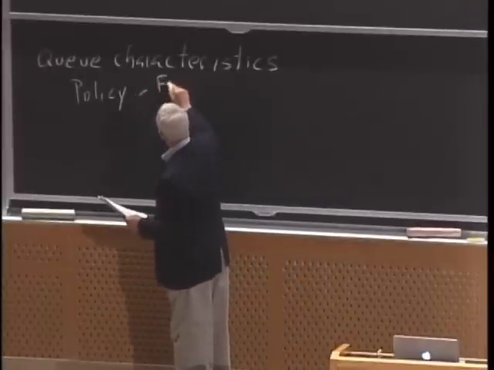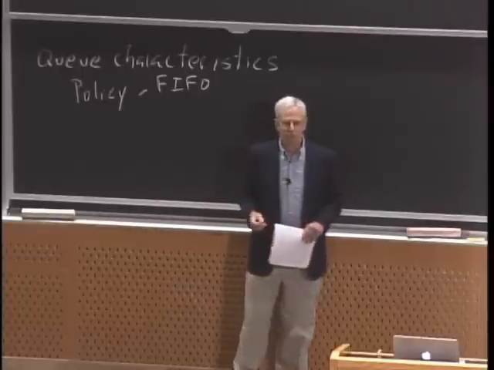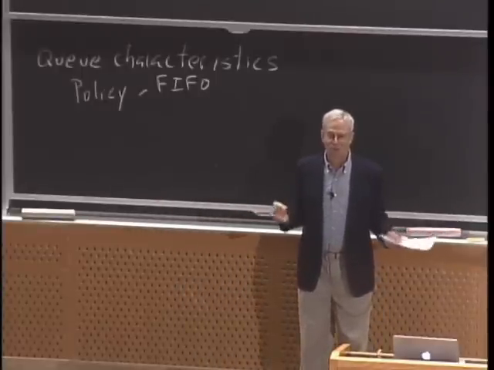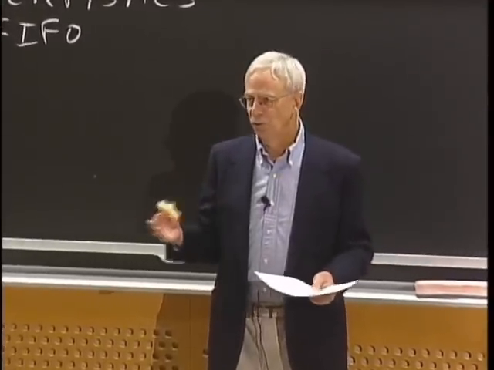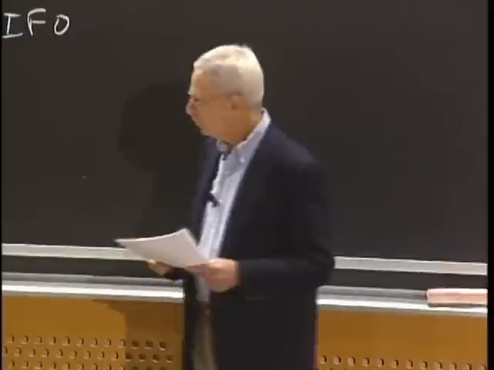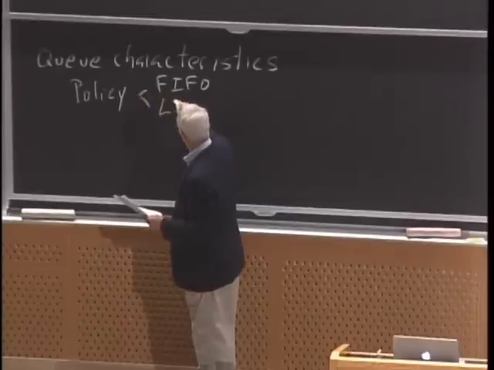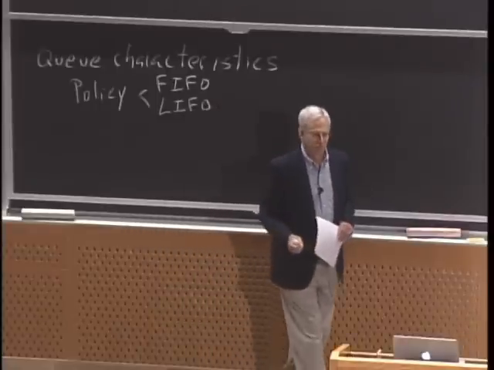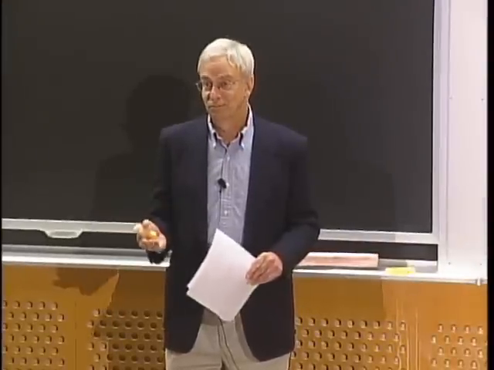So a very common policy is FIFO, stands for first in, first out. That's the one we see most of the time in a lot of physical situations. Whoever gets in line first gets served first. There are some situations where you do last in, first out.